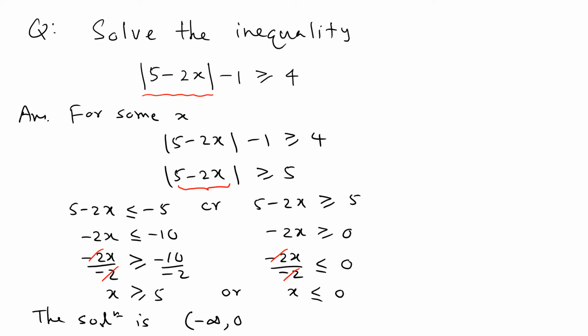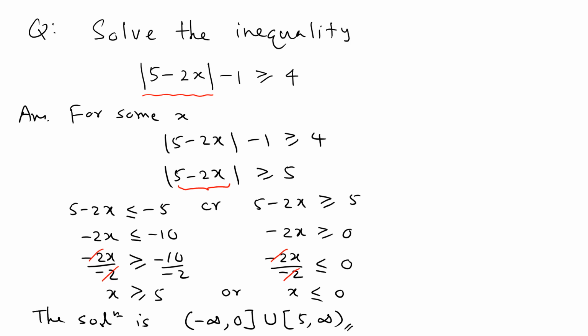Now the question is whether 0 is included, and when you put in 0, it's satisfied because of the equal sign. That means 0 is included. For the union, the same thing: when you include 5, you get the absolute value of negative 5, which is 5, and it equals 5. That means 5 is also included. We got that algebraically, but we just checked. So that is the solution.